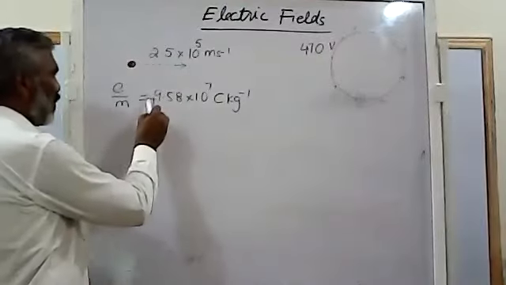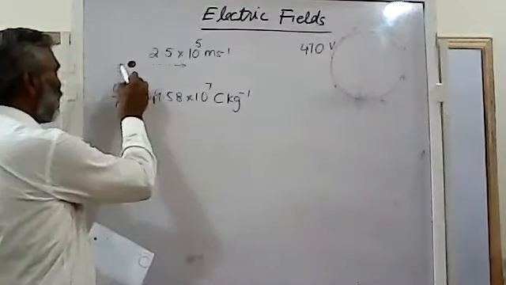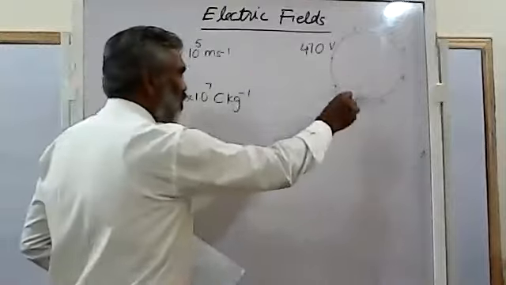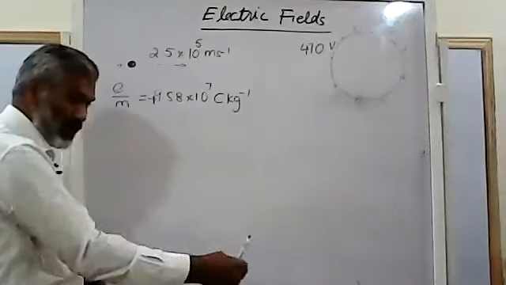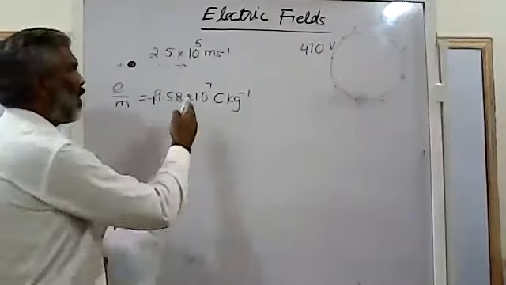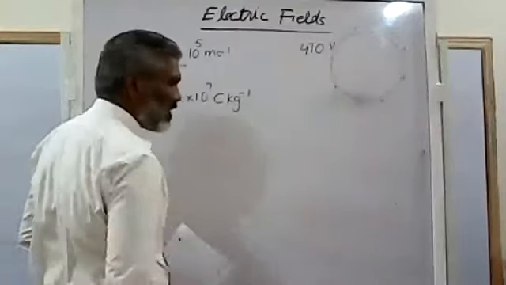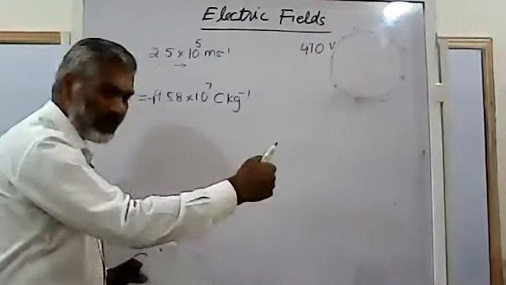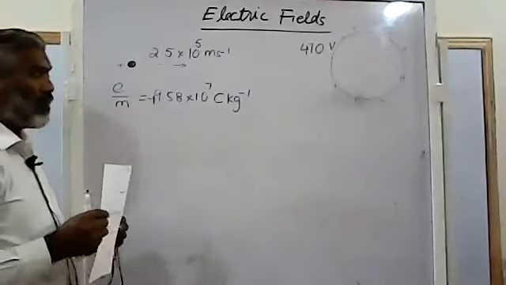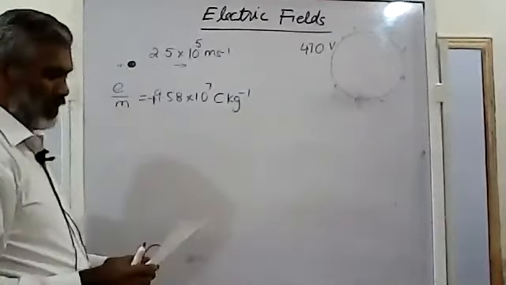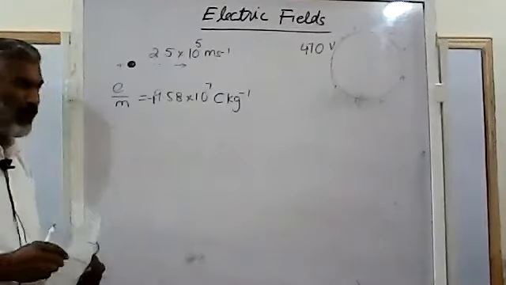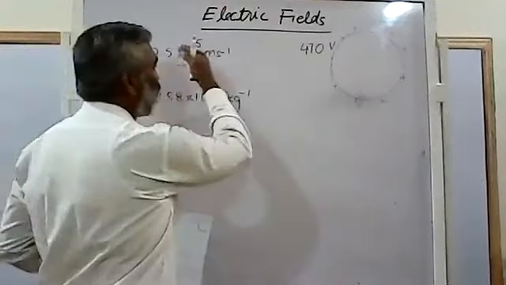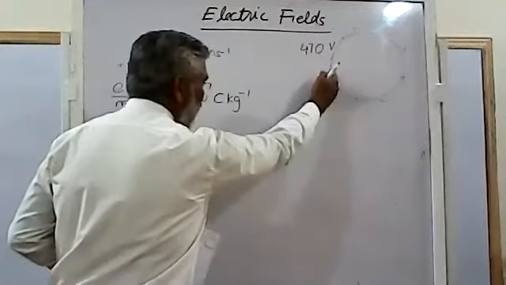This is a positive charge moving, and this is also positive, so it will be repelled. It slows down, and maybe before it touches the sphere, it comes to rest for a moment, and then it is repelled. So our calculations now will show whether it will be able to reach the surface before it comes to rest or not.